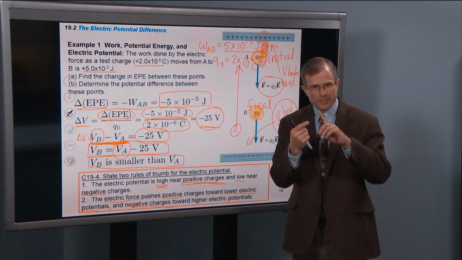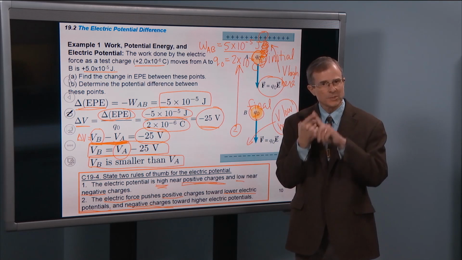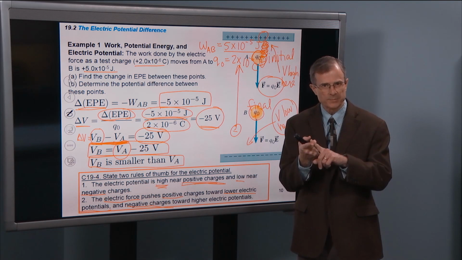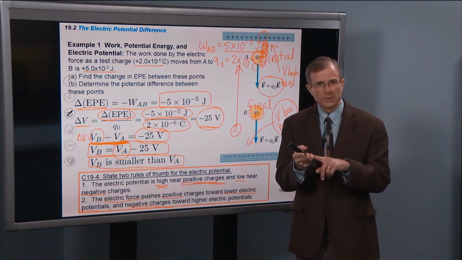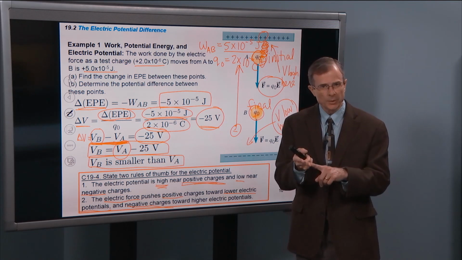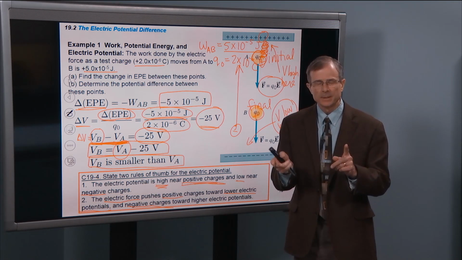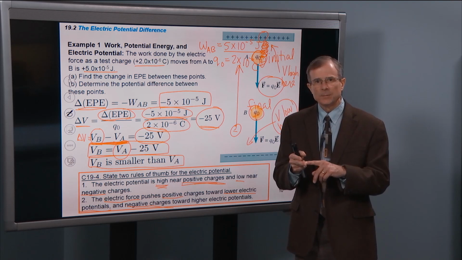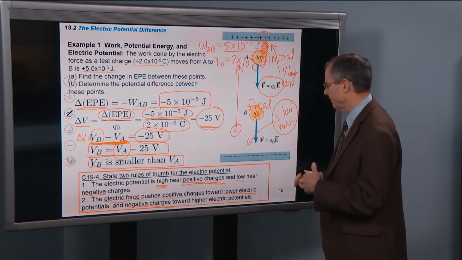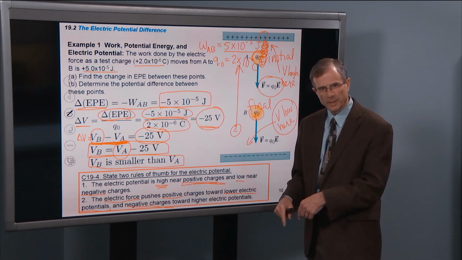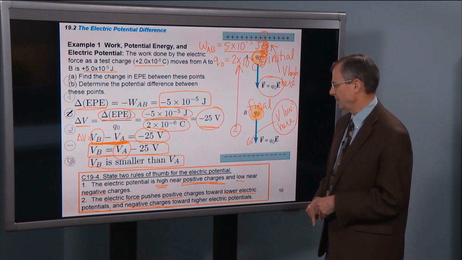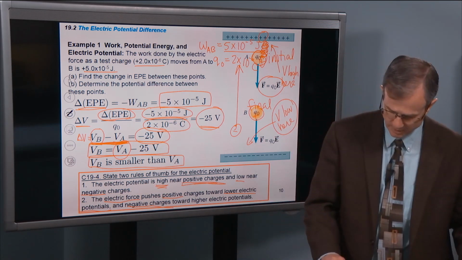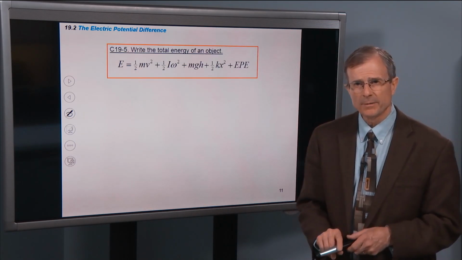So, 2 things to remember. The electric potential is high near positive charges, low near negative charges, and the electric force pushes positive charges toward lower electric potentials and negative charges toward higher. Okay, I beat that one to death.